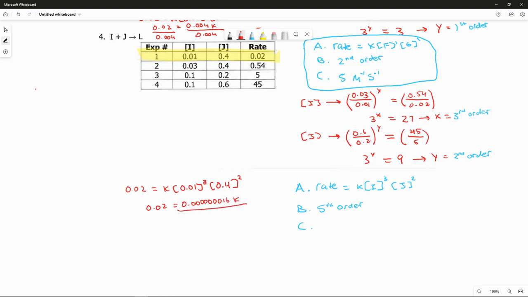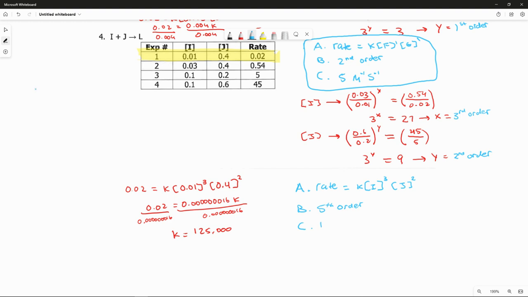All you got to do is divide 0.02 by this big number, 0.000000016, and in the end you will get 125,000.